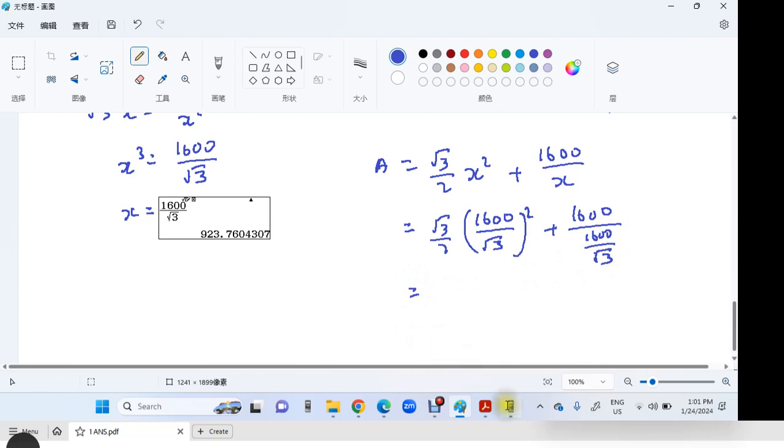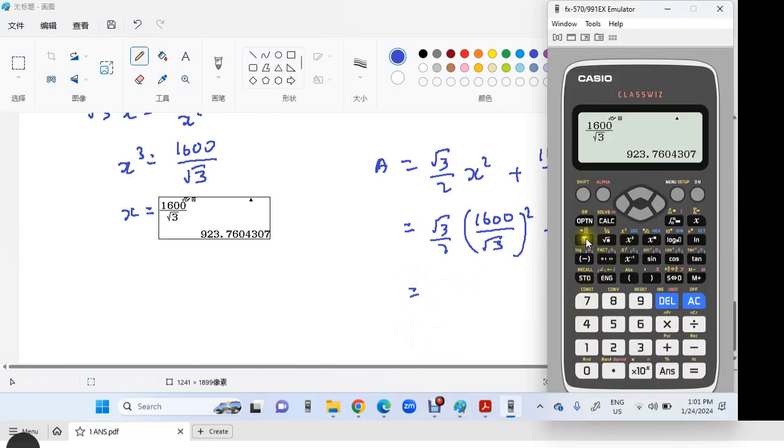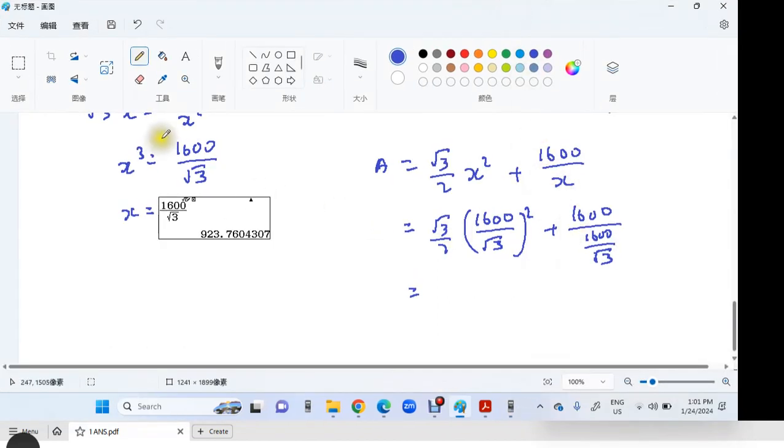A mistake here. The x should be the cube root of this.